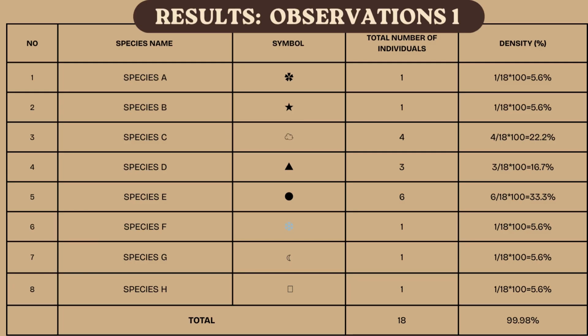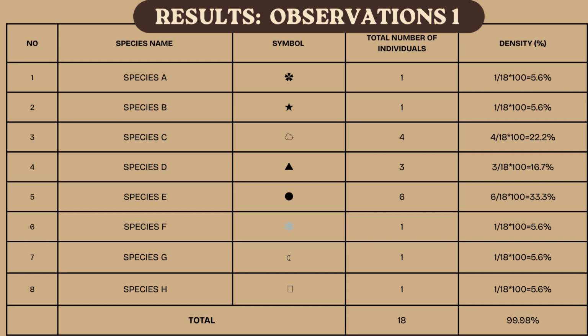Next we go to the observation for result 1. This is the observation for the quadrat. The quadrat has 8 species. First, species A, the symbol is asterisk flower. The count is 1. The percentage is 5.6%.